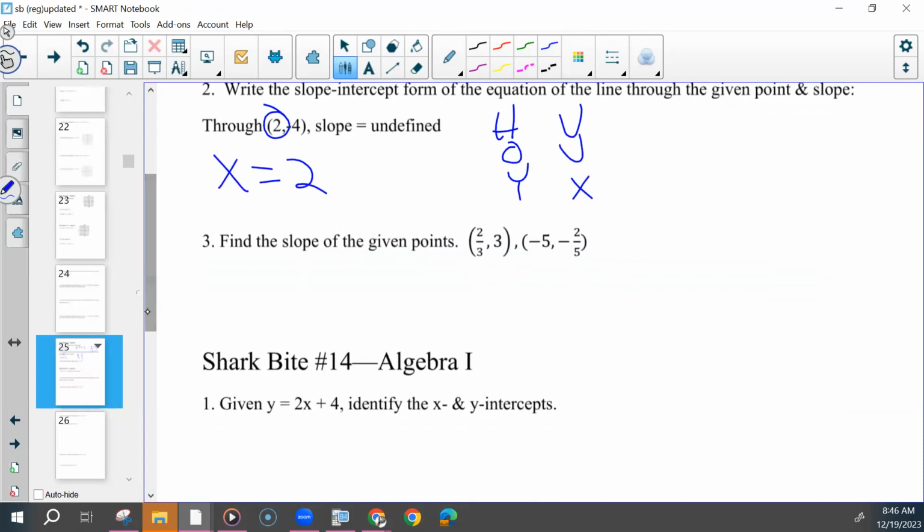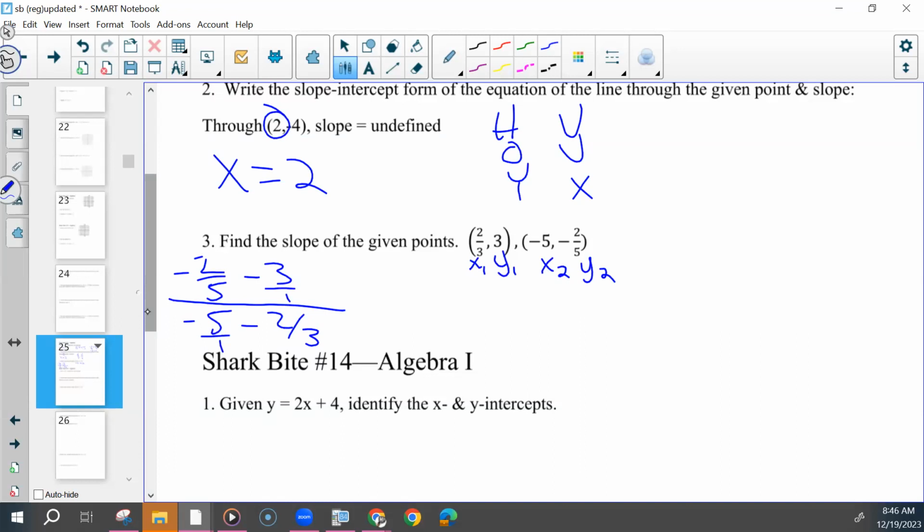For number 3, we have to find the slope between these 2 points. These are x1, y1, x2, y2. We're going to do -2/5 minus 3 all over -5 minus 2/3. We have to get common denominators. So right now the whole numbers are really over 1.